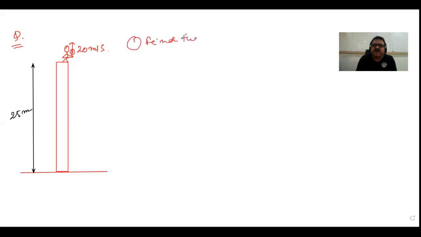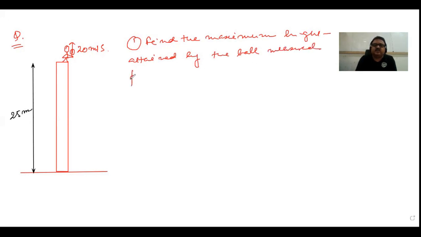the maximum height attained by the ball measured from ground.